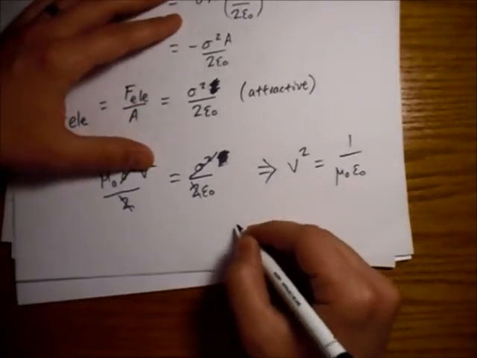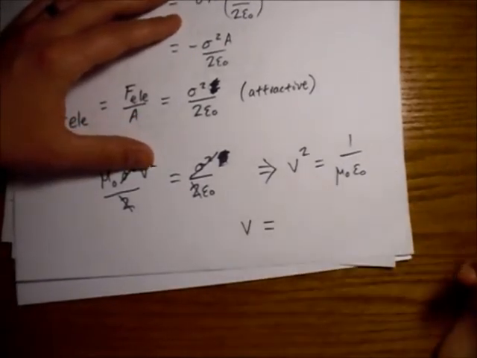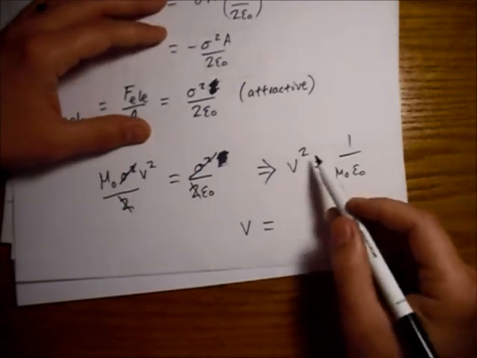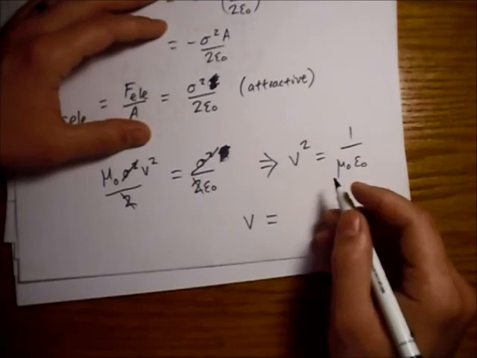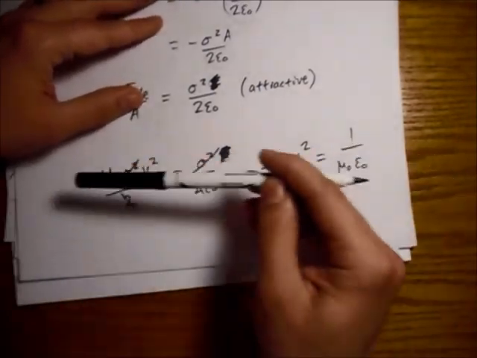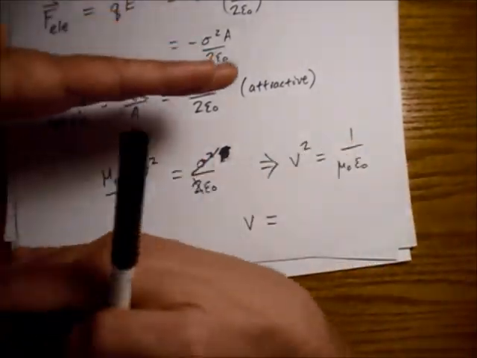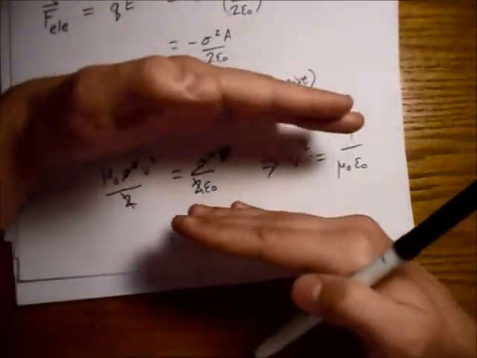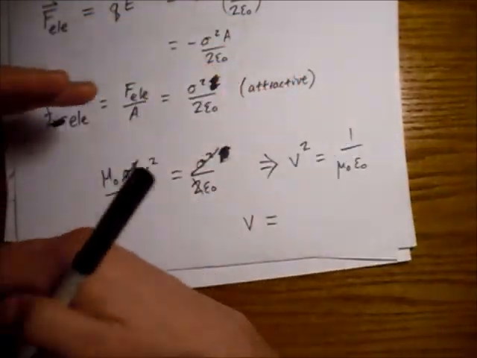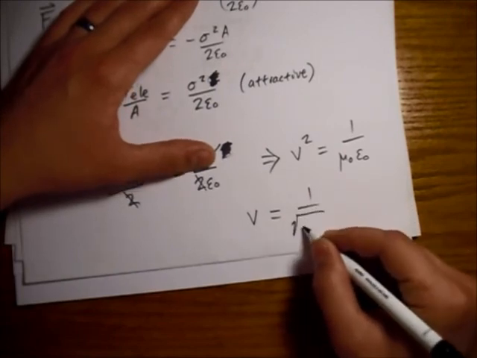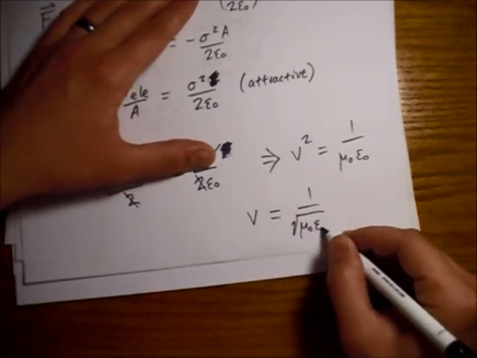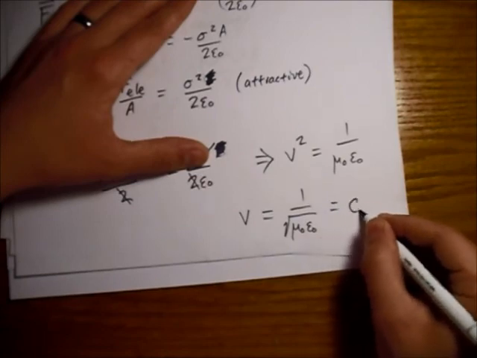Okay, so our speed at which these balance, it could be either direction, any direction you choose, as long as it's oriented sideways to the plates. So it's 1 over the square root of mu naught epsilon naught, which is equal to the speed of light.